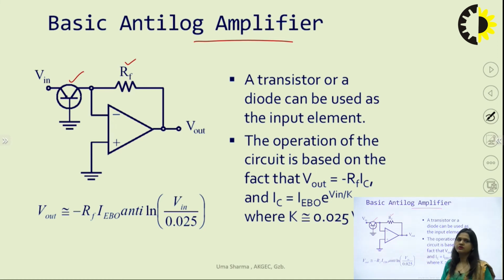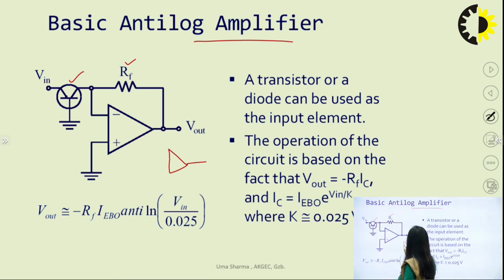In this slide, you can see the anti-log amplifier using a transistor, whereas you can also implement the anti-log amplifier using a diode. Let's see the circuit for the anti-log amplifier using a diode. The circuit is the same, you just replace the transistor with a diode. The remaining components are the same.